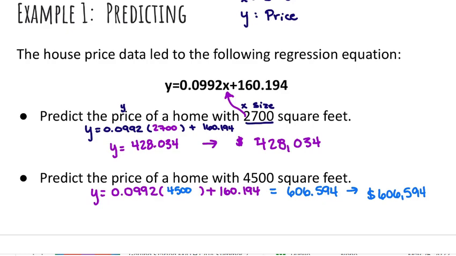Our equation only represents the patterns that we saw between 2,500 and 3,198. Outside of that, we don't know what would happen.